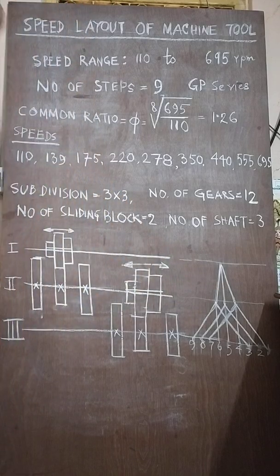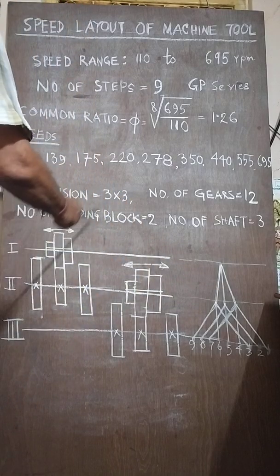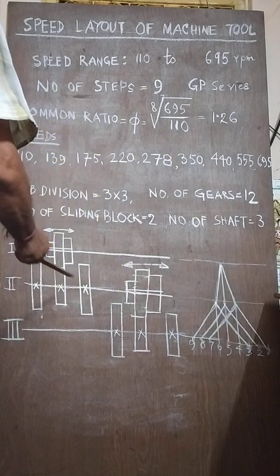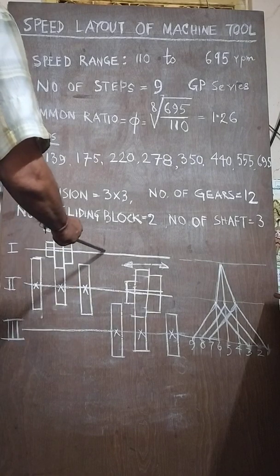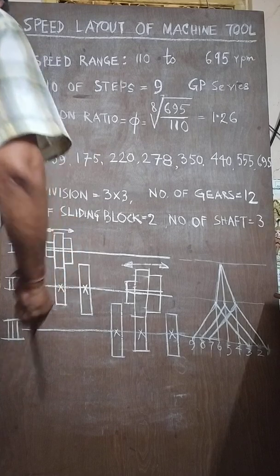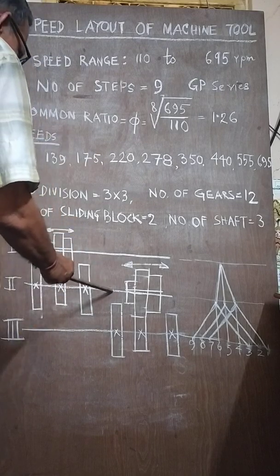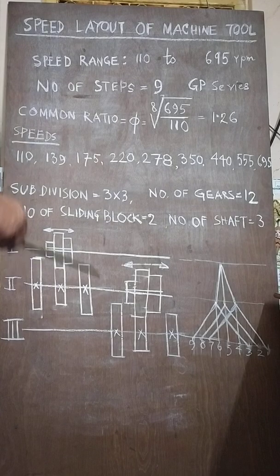It has been found that the 9 speeds can be achieved through 3 shafts with 2 stages. This is the first shaft, second shaft, third shaft. This is the first stage reduction, this is the second stage reduction. So with 2-stage reduction, we achieve the 9 speeds.